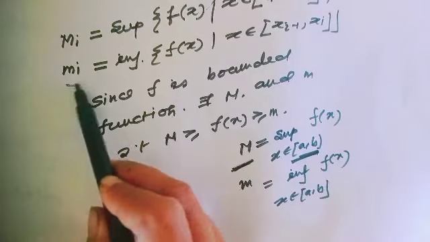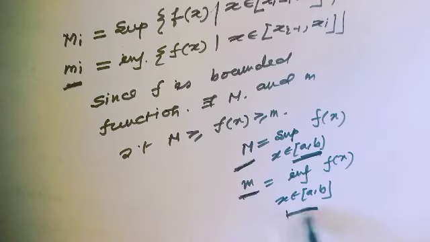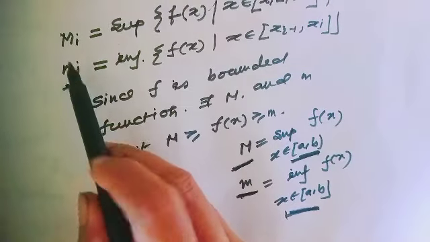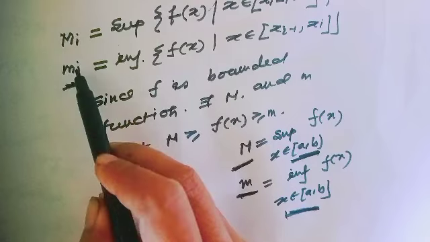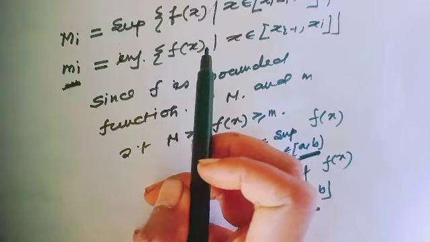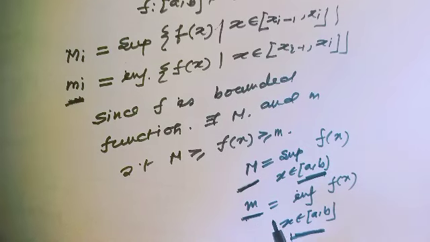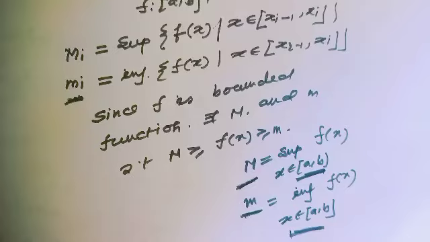Notice here capital Mi and capital M are both different, and small mi and small m are also different things, because here capital Mi and small mi are the supremum and infimum of every subinterval, but capital M is the supremum of the whole function and small m is the infimum of the whole function.